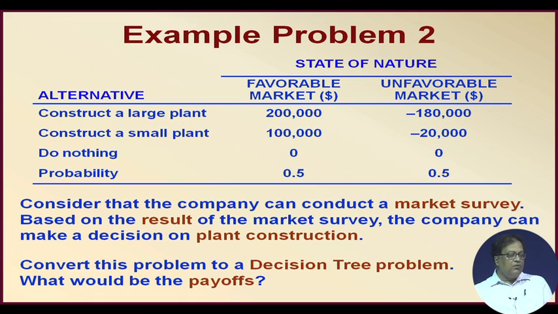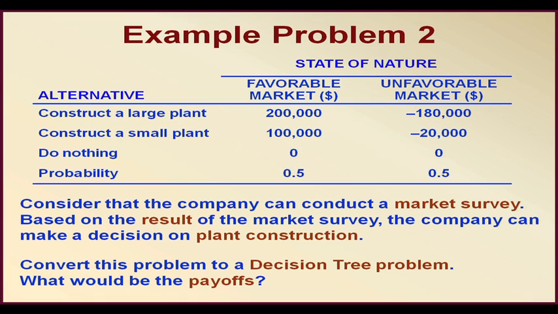Suppose we have to convert this to a problem of a decision tree, through a decision tree construction, and see what would be the payoffs. In this particular situation there is something more to think over.